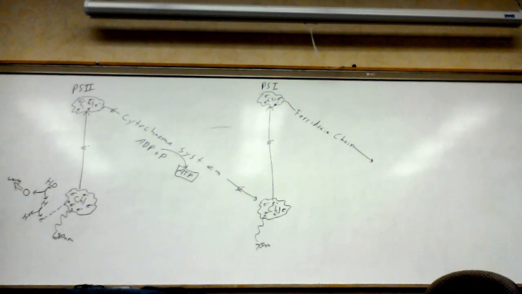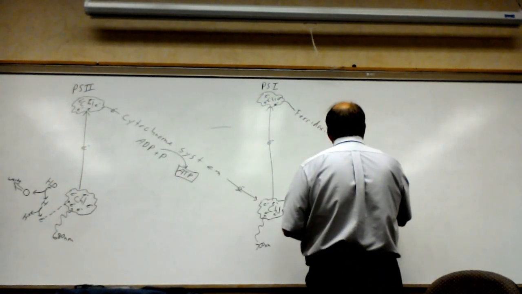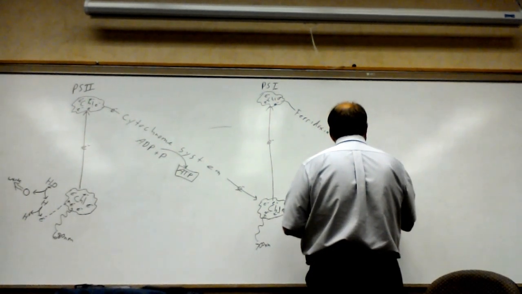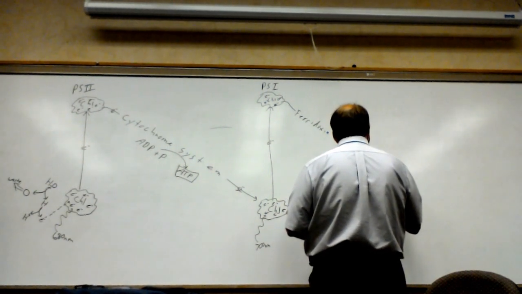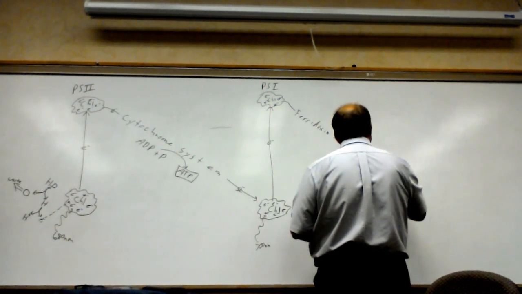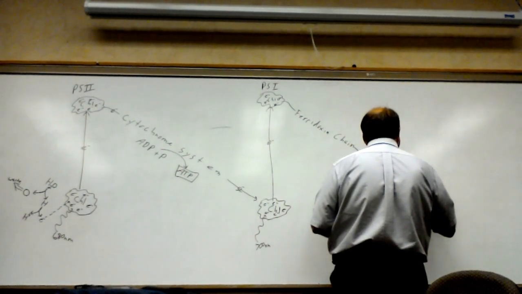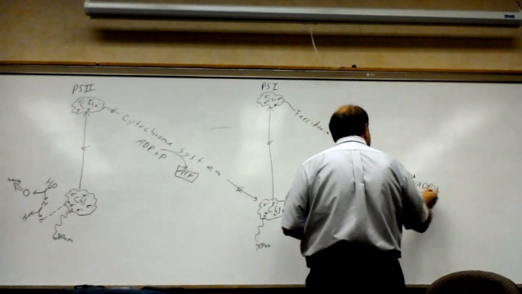And what's going to happen in our ferredoxin chain is we're going to take some NADP plus the electron plus hydrogen ions, and that's going to allow us to make NADPH.